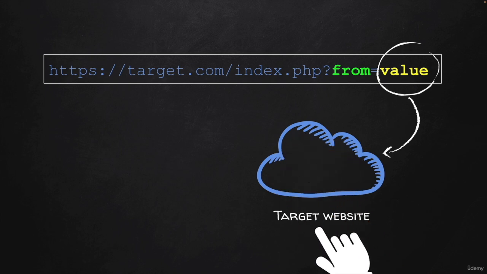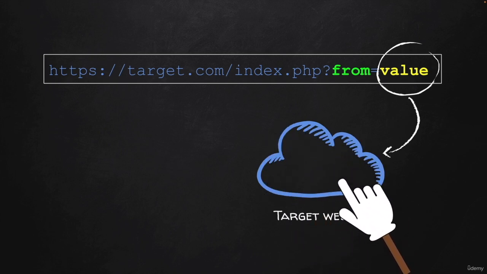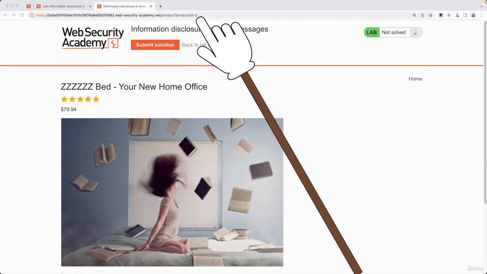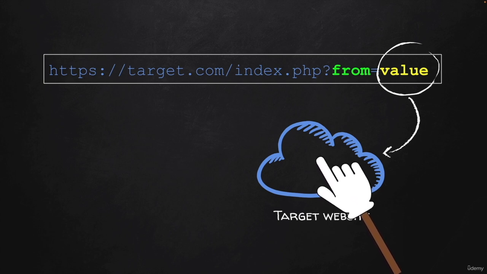The target web application will process this value, and therefore you can use this value to manipulate this application. And that's why in here, when we're changing the number, we are able to load different products because the web application is getting number 3, and it's saying, okay, I need to load the product that has an ID of number 3.